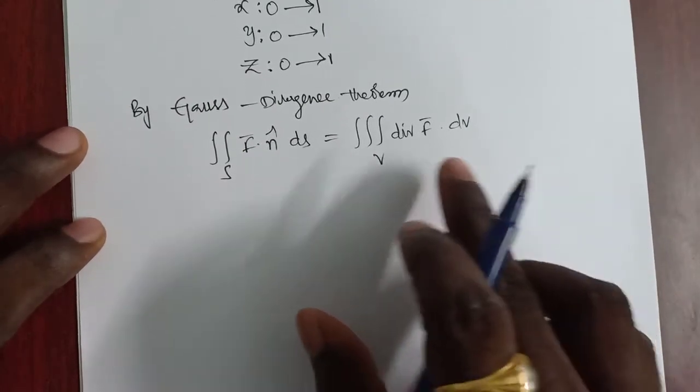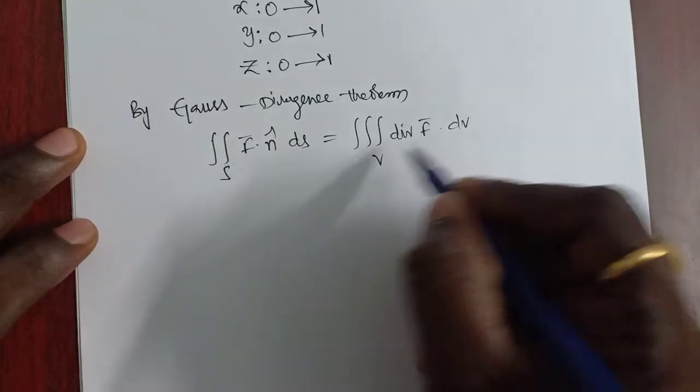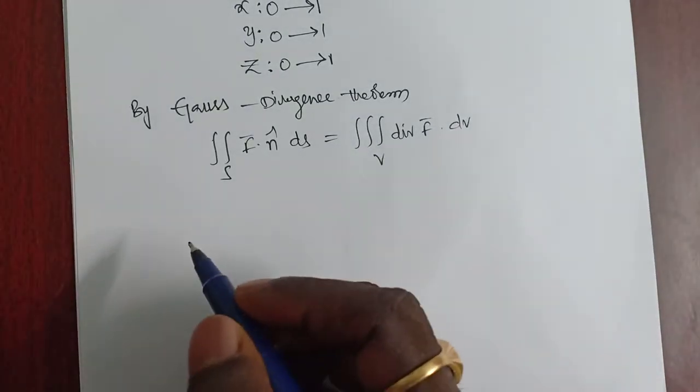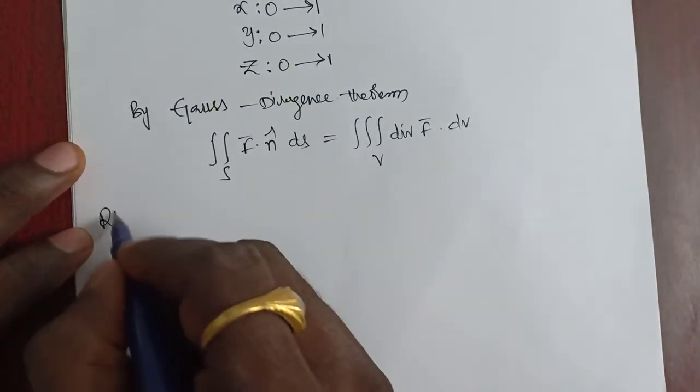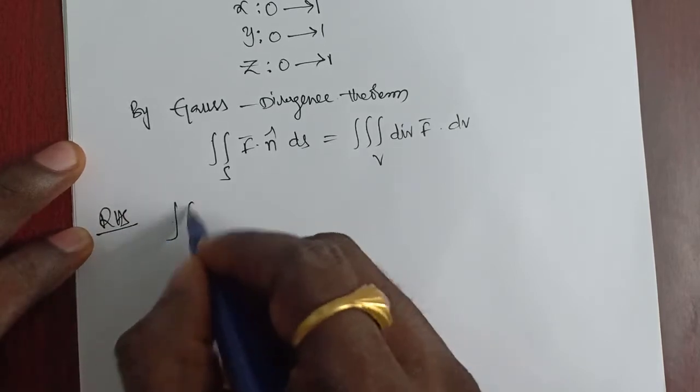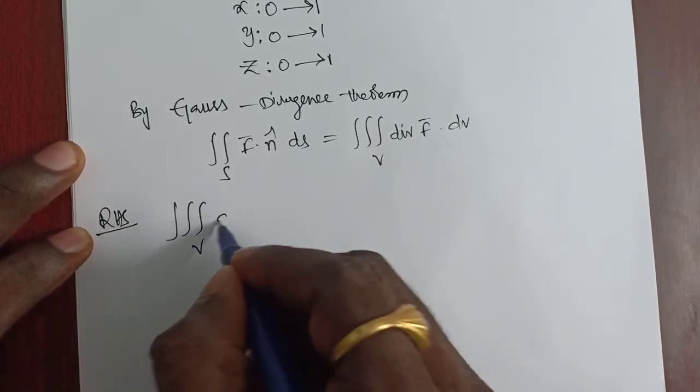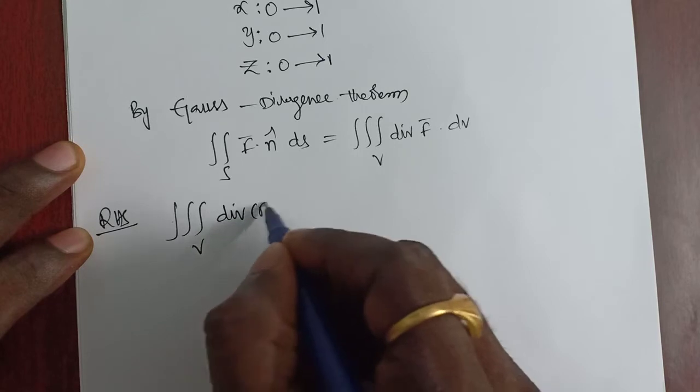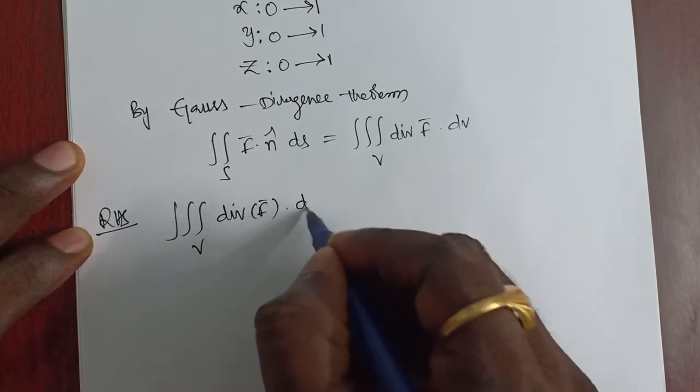First of all, we need to evaluate the triple integral over the volume. So coming to the RHS, it is the triple integral over the volume of divergence of f bar dv.